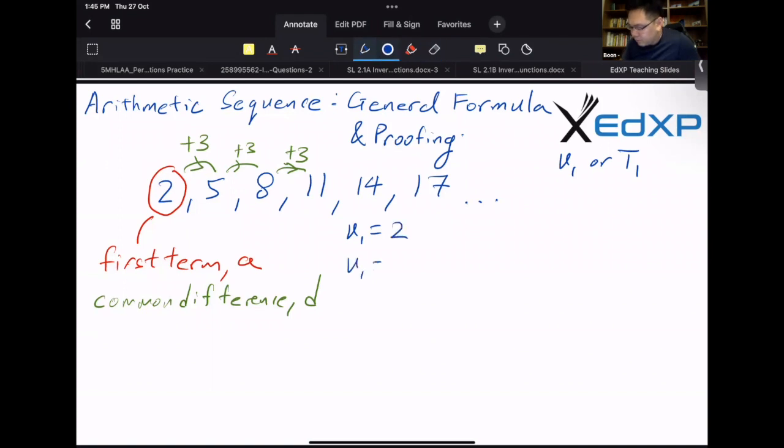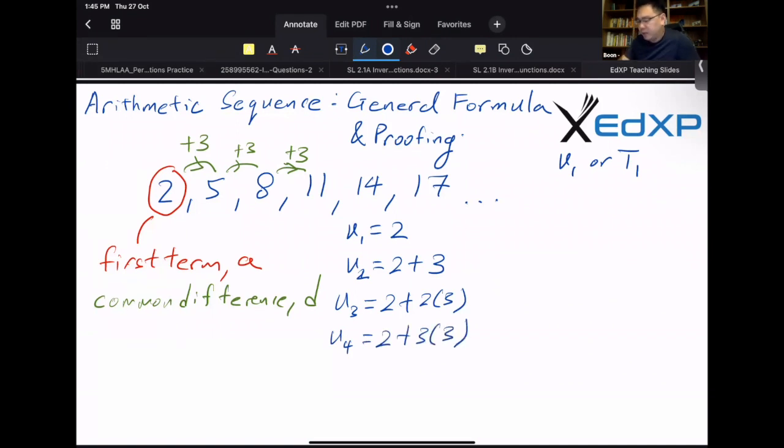Second term is 2 plus 1 common difference. The third term is 2 plus 2 common differences. And the fourth term, 2 plus 3 common differences. We start to notice a pattern. And we can conclude that the 10th term is 2 plus 9 common differences.